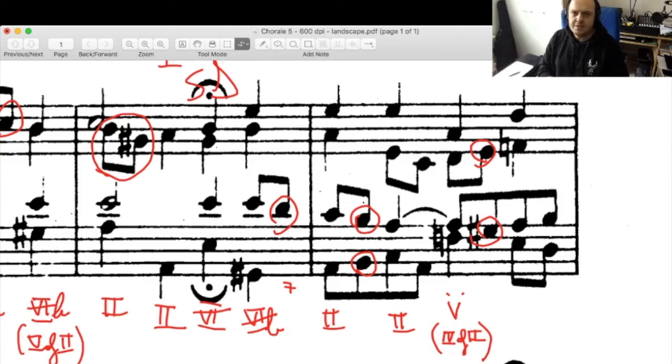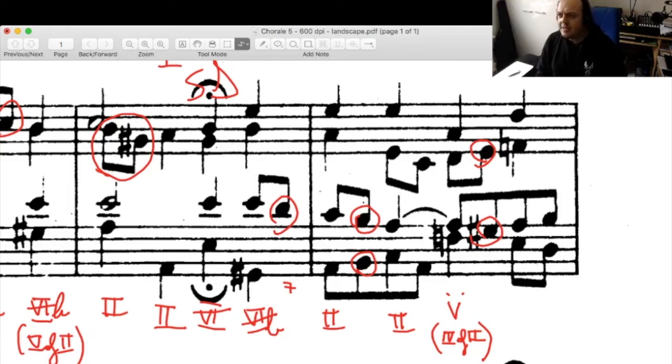That's some dissonant moment. Okay, 3 notes out of 4 spell out D minor.